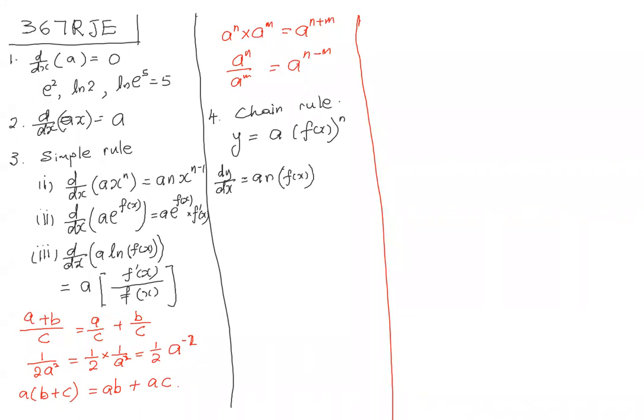Power take away 1. Next, times by the derivative of f(x), the rate of change of f(x), correct? So this is the chain rule.